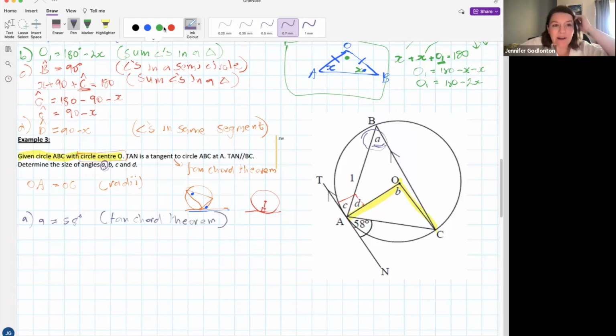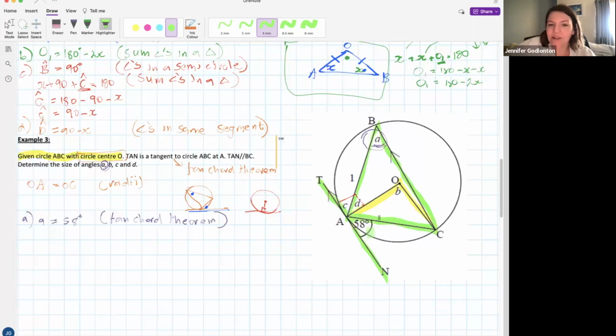Okay, so now tan chord theorem, I think I'm just going to highlight it on our picture because it might make it a little bit easier to see. Here's our tangent, all right? And here is the actual windsurfing situation, and this is where our person is who's windsurfing.